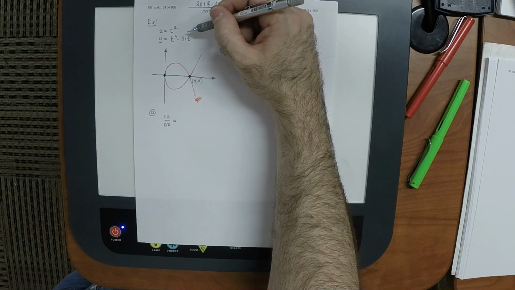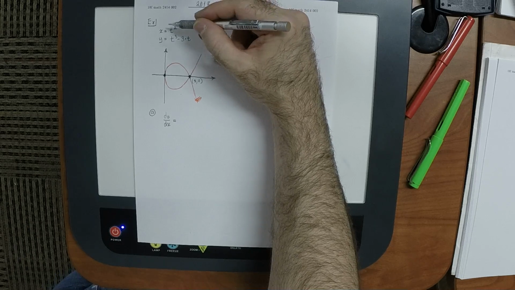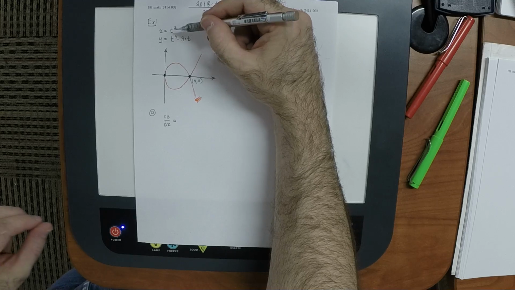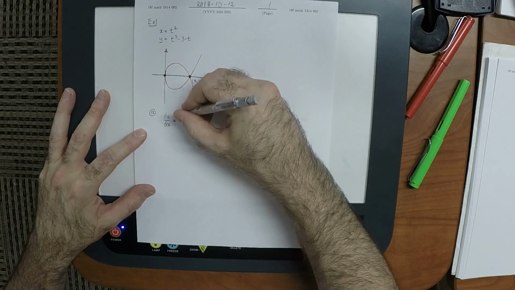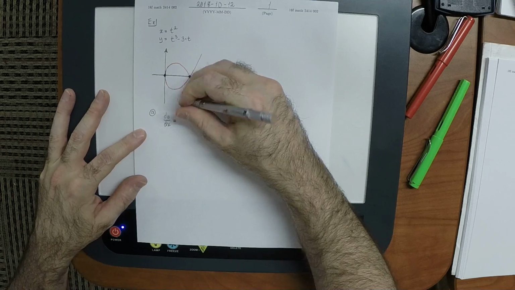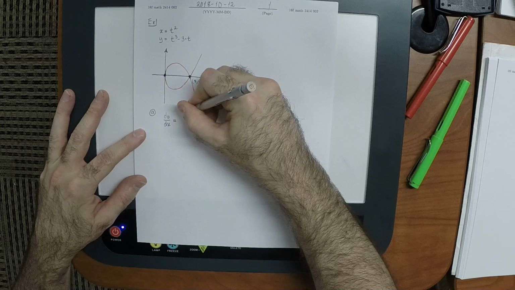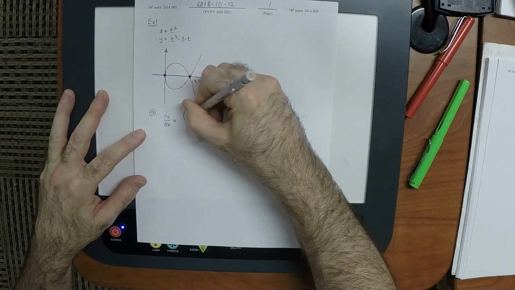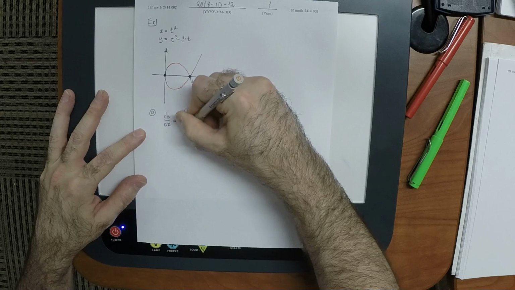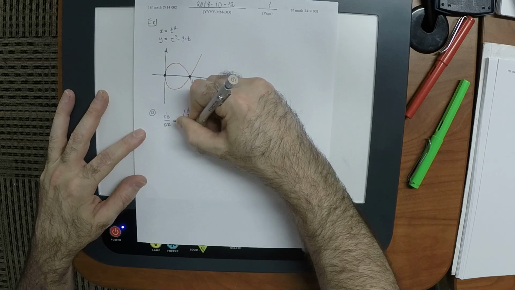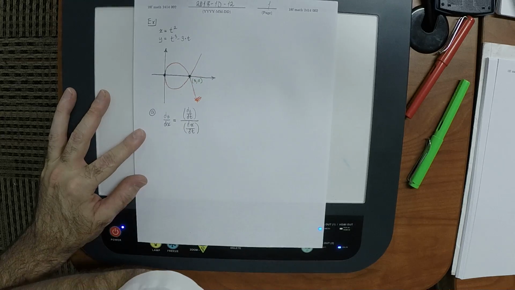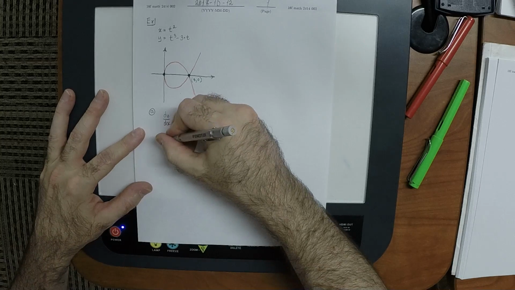So we don't have a formula for y in terms of x. Rather, we have them both in terms of t. So if we want to find dy dx, using the chain rule, the formula is dy dt divided by dx dt.